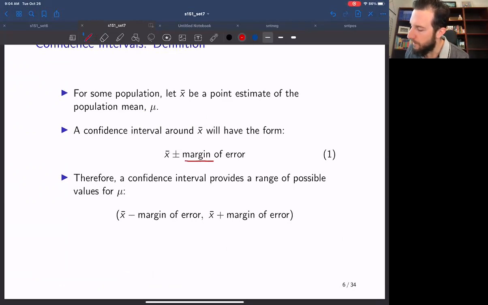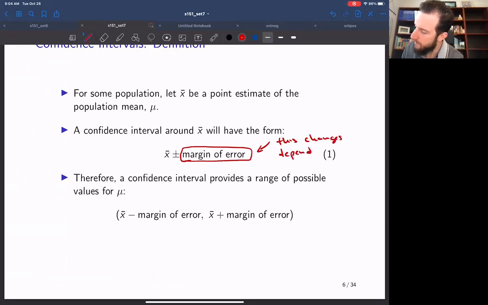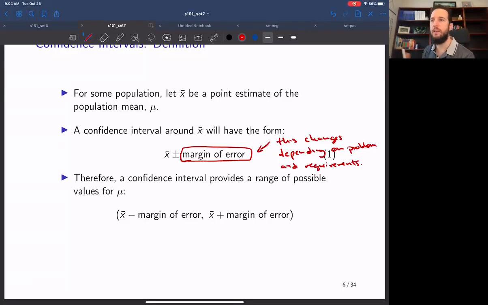And this part here, the margin of error, this changes depending on problem requirements. So depending on what kind of confidence interval you want to build and what value you want to estimate, the margin of error is going to change.